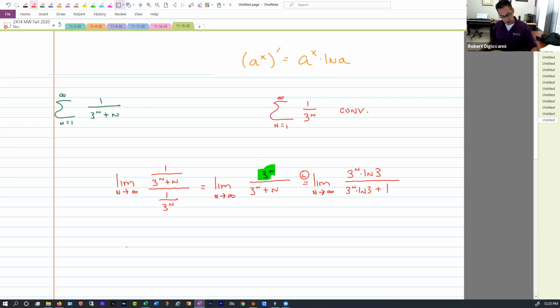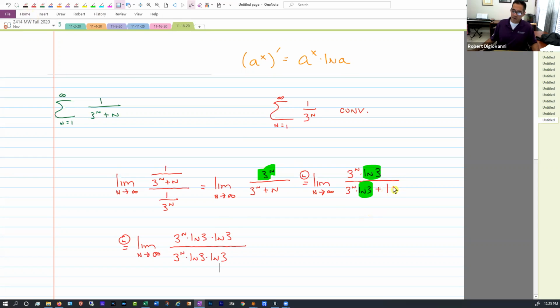So we got to do L'Hopital again. Now keep in mind that this natural log of 3 is just a constant, right? So it's just going to come for the ride. We don't need to do product rule or anything. So when I take the derivative of the 3 to the n again, I'm going to get 3 to the n times natural log of 3, but I already had a natural log of 3 there. And on the bottom, I get 3 to the n times natural log of 3, but I already had a natural log of 3 there.